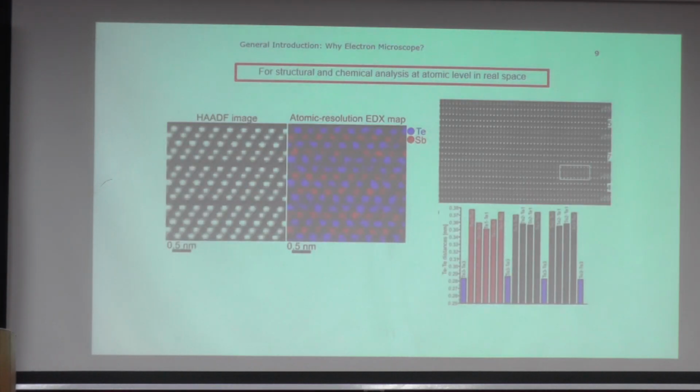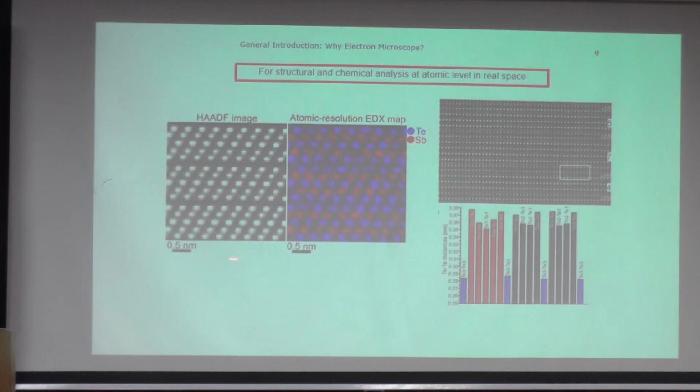Also, we use TEM, transmission electron microscopy, for structural and chemical analysis at atomic level in real space and in one setup. This is an example of antimony telluride. Here you can see the real structure directly. This is antimony, this is tellurium.